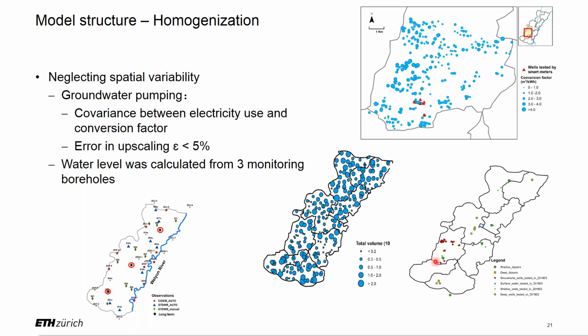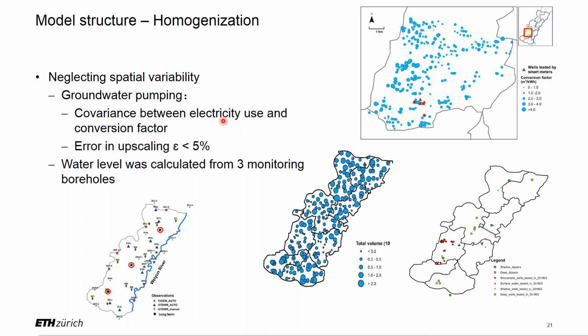The box model also neglects the spatial variability of the variables. We get the groundwater pumping from electricity consumption, and we use the total pumping electricity. So the covariance between the electricity use and the spread in conversion factors spatially can contribute some uncertainty.